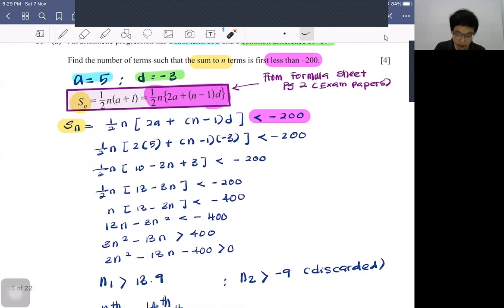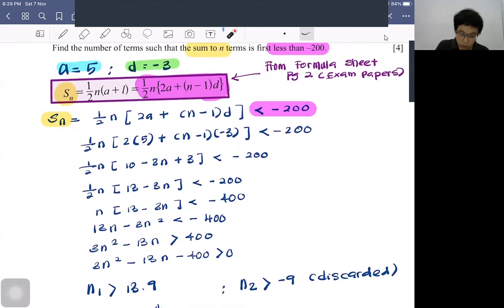What manipulation are we doing here? I eliminate the fraction by multiplying 2 across. As you notice, we do the substitution, and once you arrive at this place, when you have got all of these brackets simplified to 13 minus 3, this is where I eliminate the fraction.